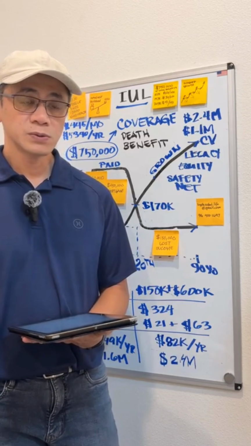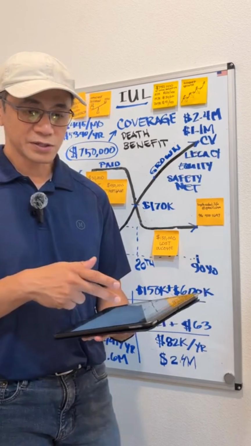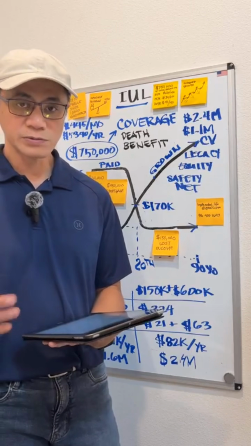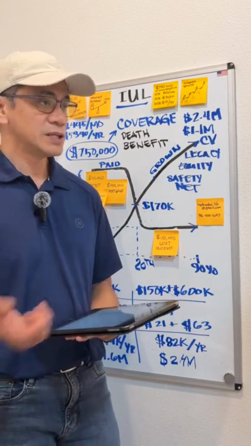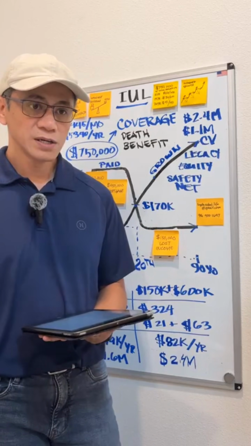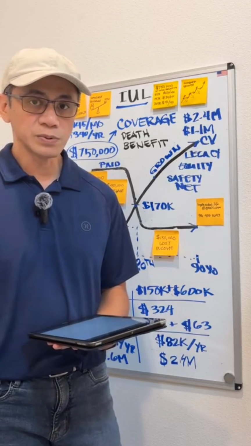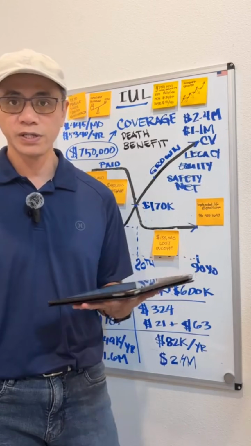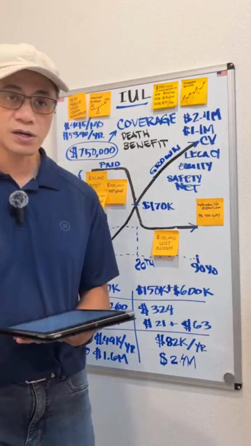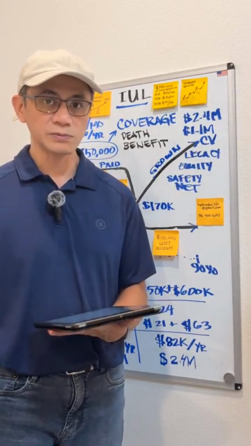In a standard illustration, you get a single number in terms of cash value, but really, depending on the performance of the index, it's mostly going to be in a window or in a range. So we look at the range that's possible based on historical S&P 500 actual returns.